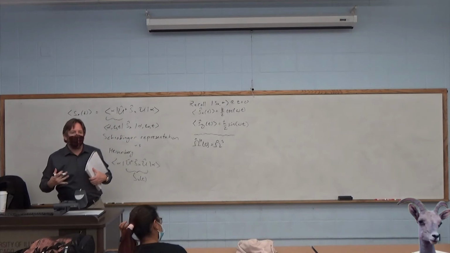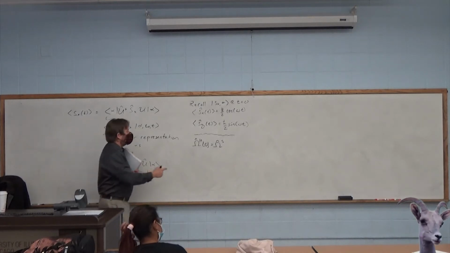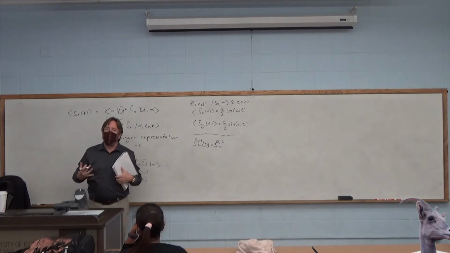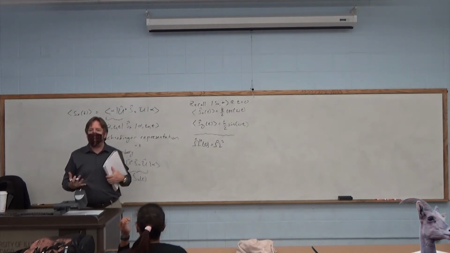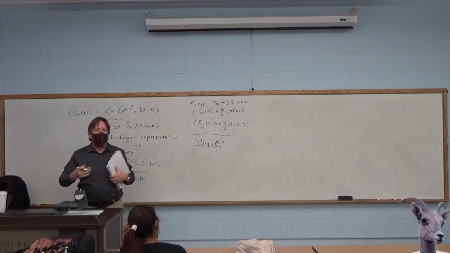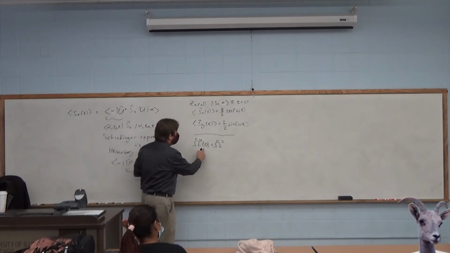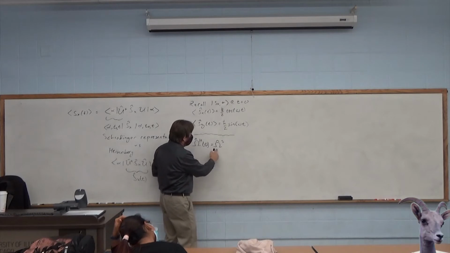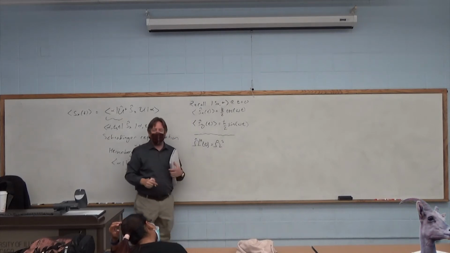So what you expect is that there's going to be perhaps the same operator, but there's going to be a t in it somewhere. In fact, often it turns out that the time evolving operator will be the operator as you've known it plus a function of t.